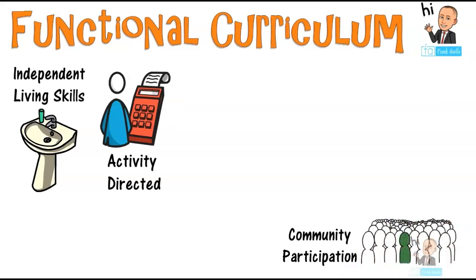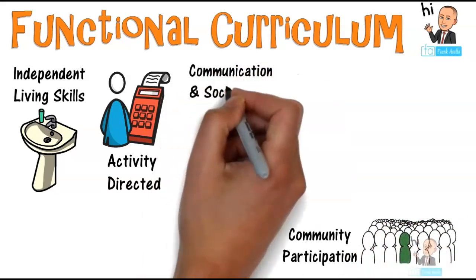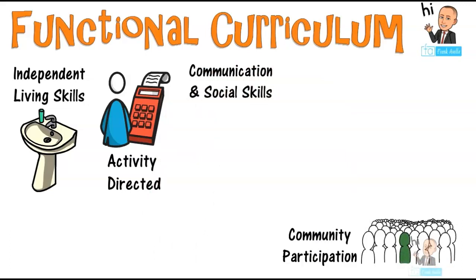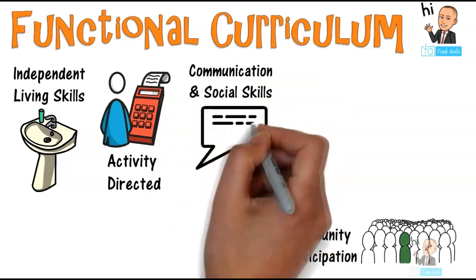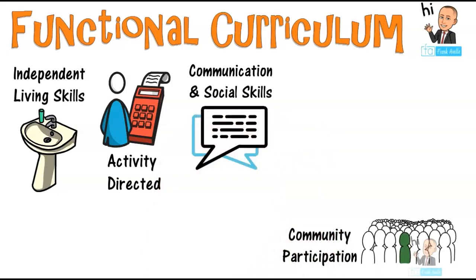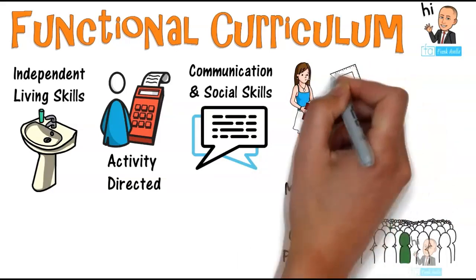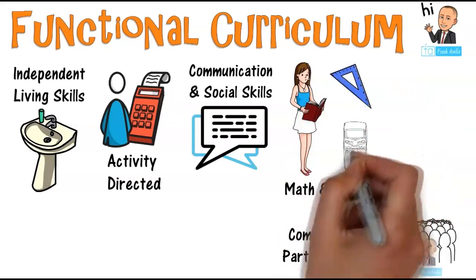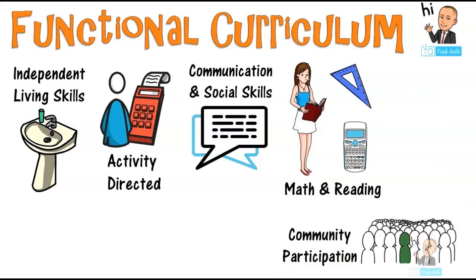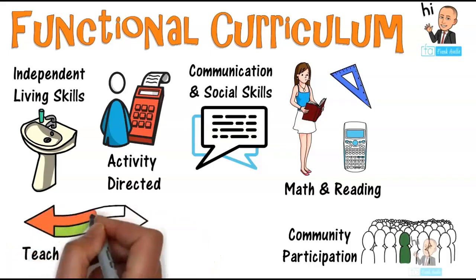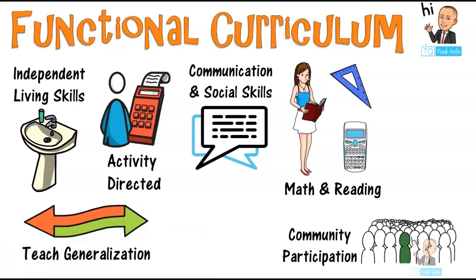Students with intellectual disabilities and ASD children in particular have difficulty with communications and social skills. Functional curriculum must help our students increase their ability to socially interact and communicate regularly with their peers. Math and reading must be a priority of functional curriculum. Math and reading are essential elements of life skills, as you must be able to read signs and do math. Educators must use the generalization techniques with their students, meaning students use what they learned in the class in real-world situations.